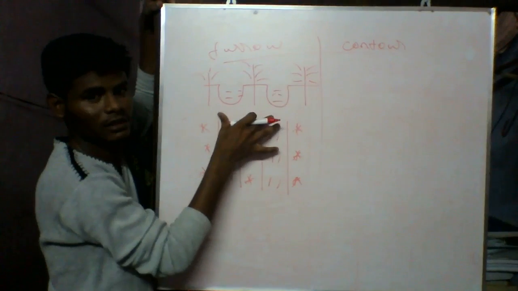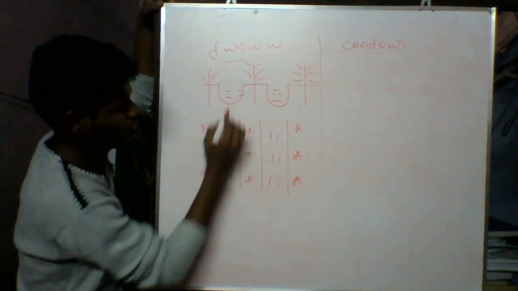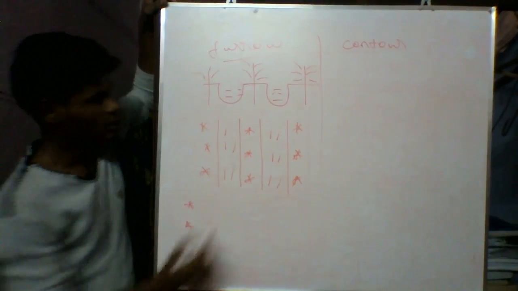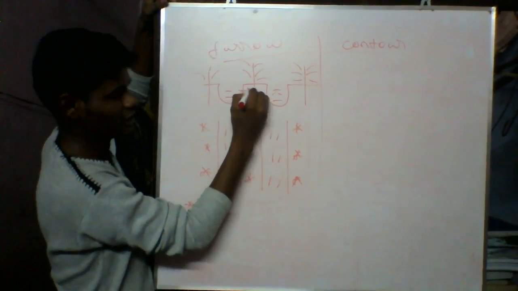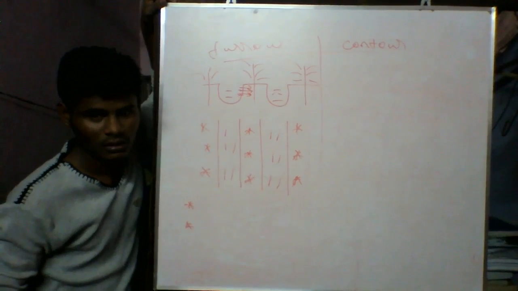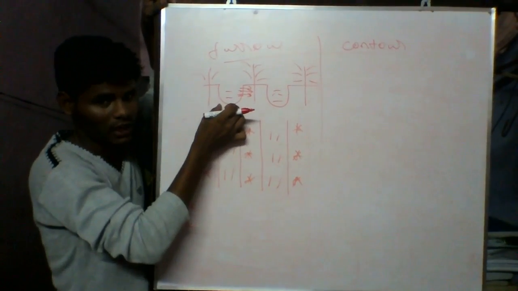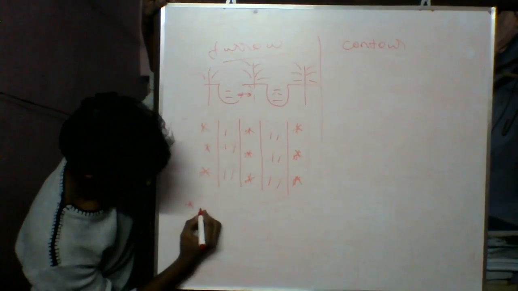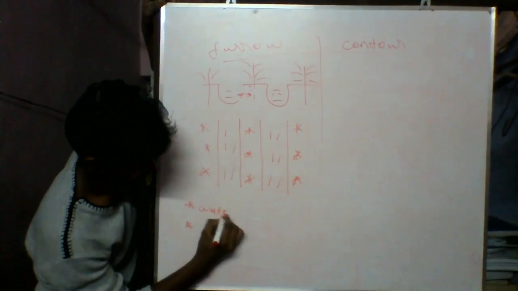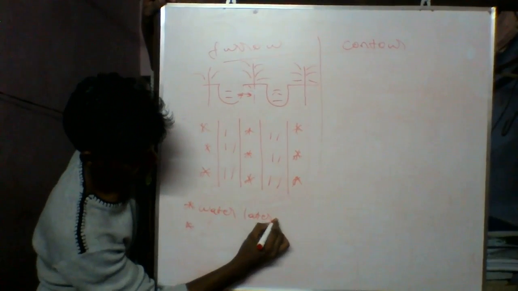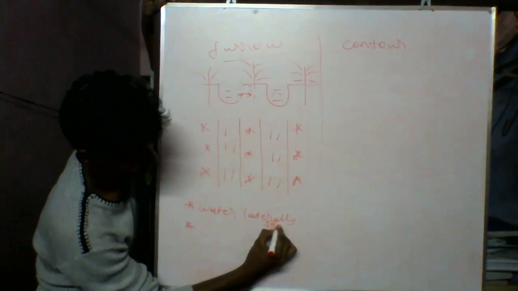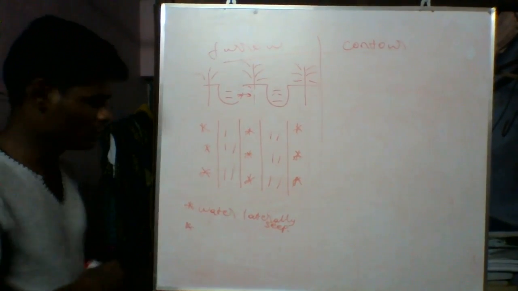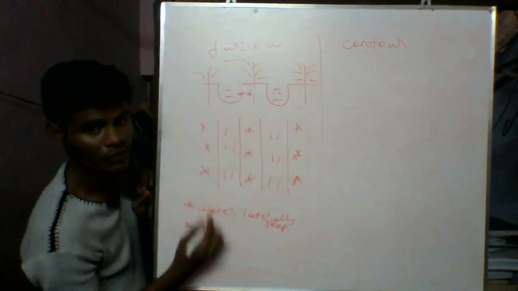This is the sectional view. This is very important. The two points in the furrow method: water penetrates laterally to the plant. So the water seeps laterally to the plants.